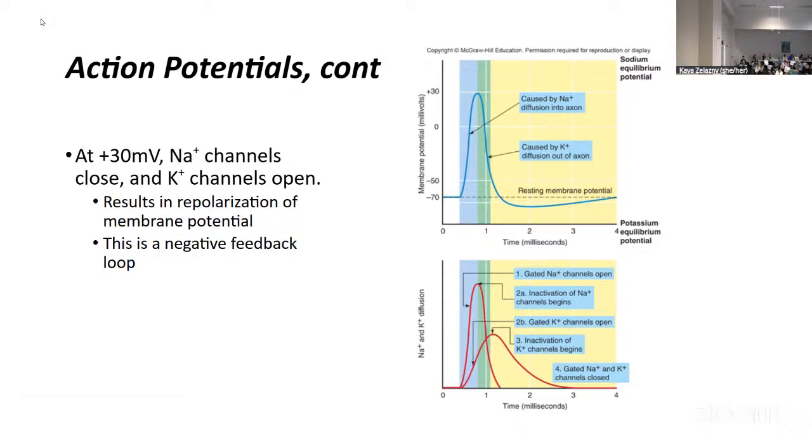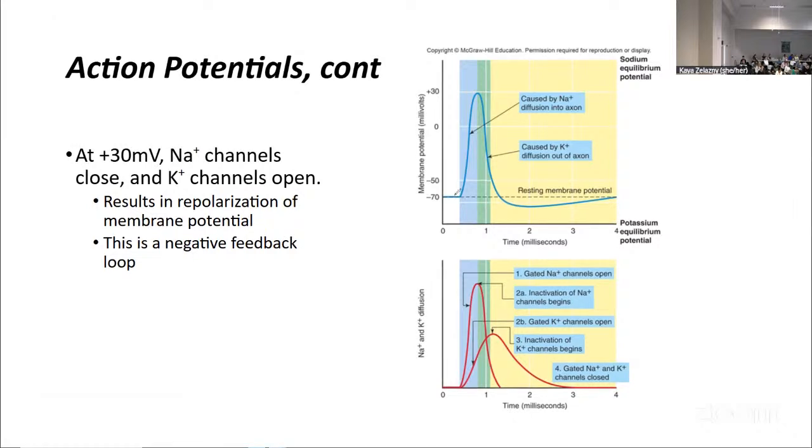The reason that's important is that if we just closed the inactivation gate on the sodium channels, we'd probably just plateau here at positive 30. If no more sodium is coming in, that wouldn't necessarily drop us down; it would just stop us from continuing up. So we've blocked sodium from coming in, which means we're not going up anymore.